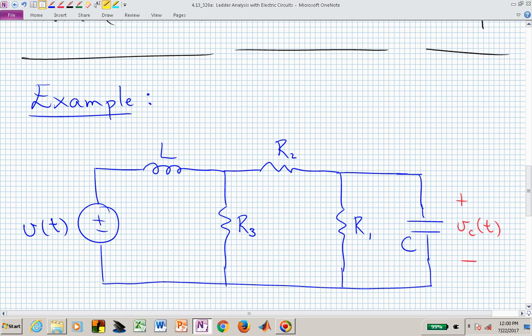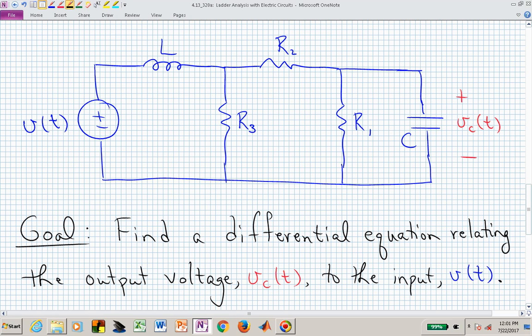As we go, I'm going to keep scrolling back and introducing more notation so that we can see how this approach builds as we work our way across the ladder from right to left. So our goal really is to find a differential equation that relates the output voltage V sub C of t, and I've tried to color code this, to the input V of t.